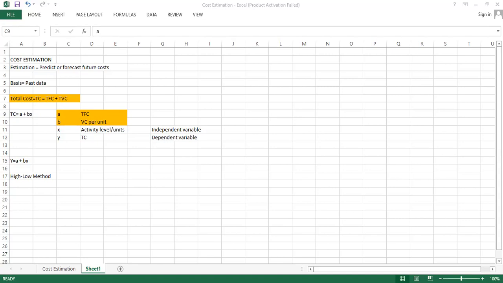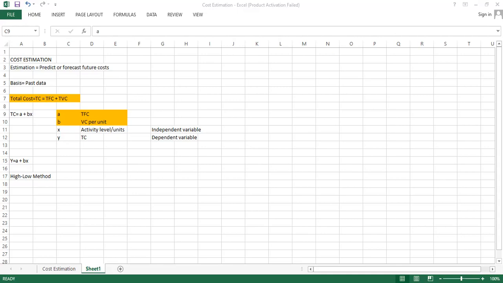Check your WhatsApp group and download that Excel.